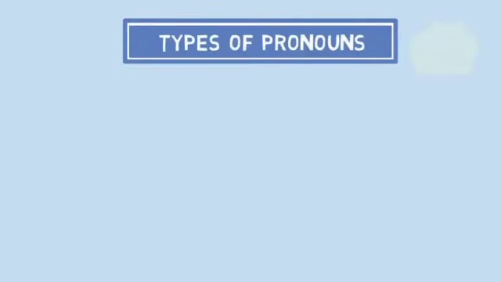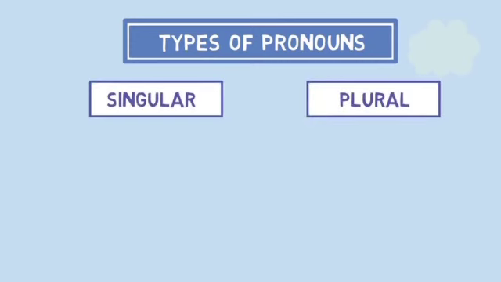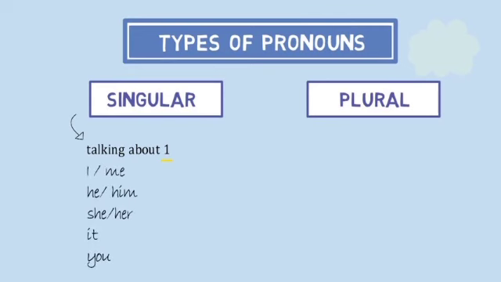We will now look at two types of pronouns: singular pronouns and plural pronouns. When we are talking about one thing or one person, we use singular personal pronouns like I, me, he, him, she, her, it, and you.